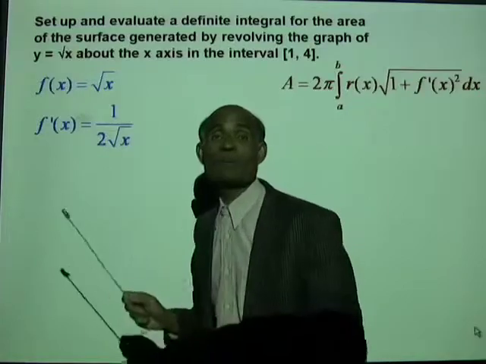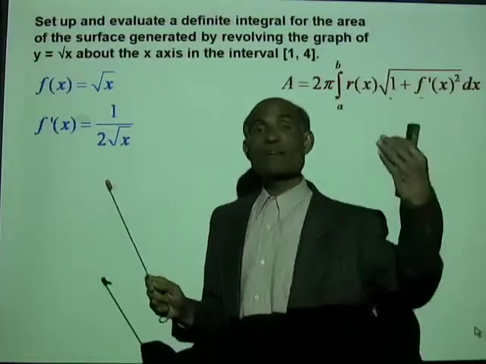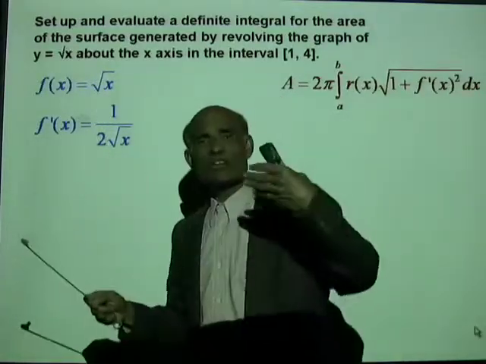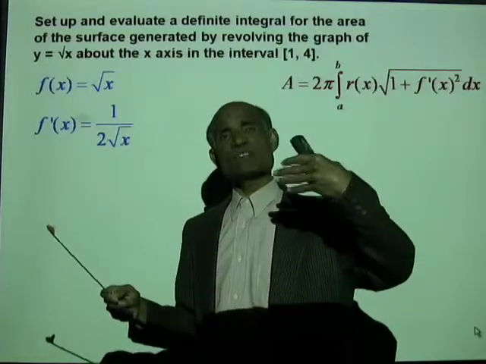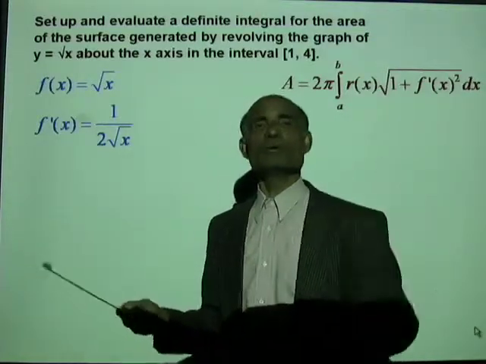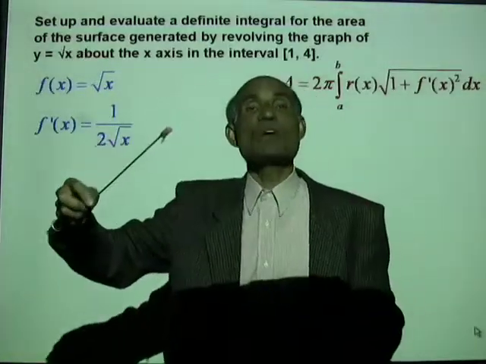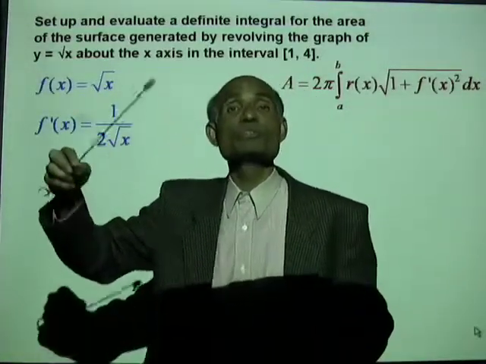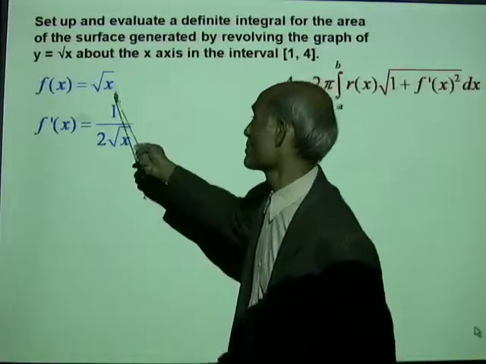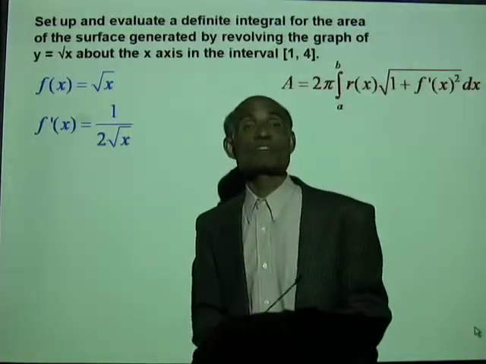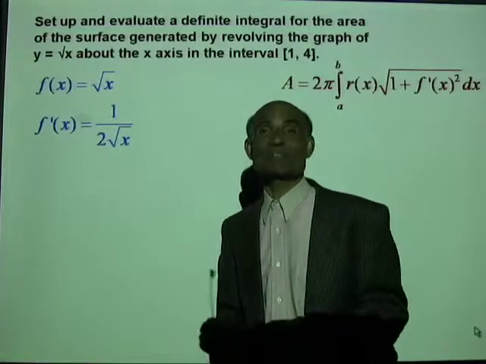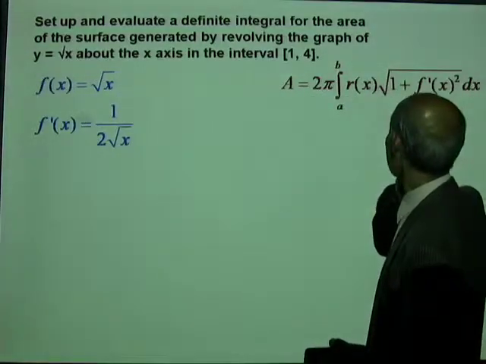Or, as I have told you from the beginning, learn this as a result that you need to know: the derivative of square root of u is 1 over 2 square root u times u prime. The derivative of square root x is 1 over 2 square root x. So we've found f prime x.